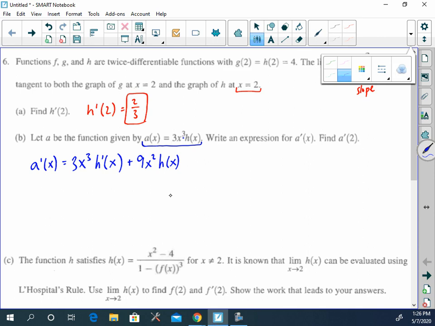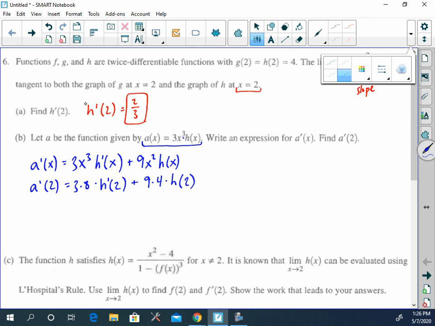And then what we need is what it is at 2. So I'm going to plug 2 in wherever I see an x. So this would be 3 times 2 cubed times h prime of 2, which we'll find, then plus 9 times 2 squared times h of 2.